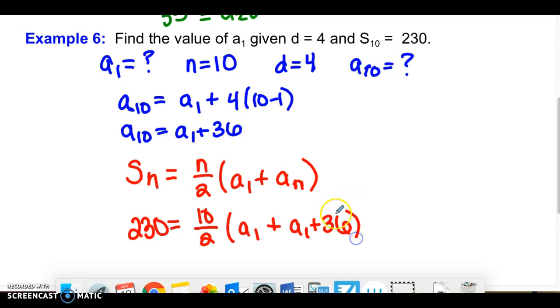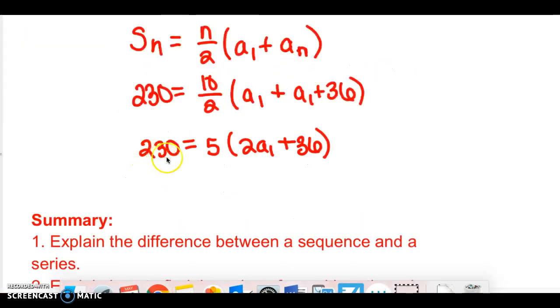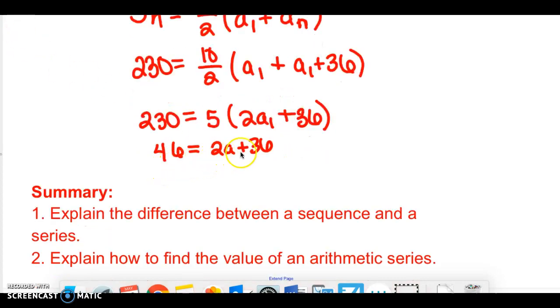So this becomes the sum of A1 plus A1 plus 36. So 230 equals 5 times 2 A1s plus 36. So 46 equals 2A1 plus 36. 10 equals 2A1, and A1 then equals 5.